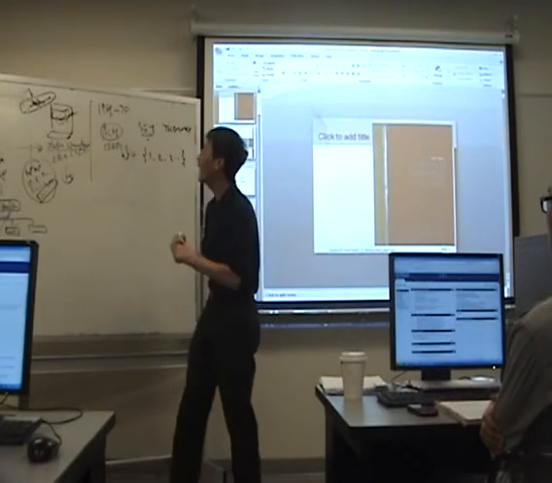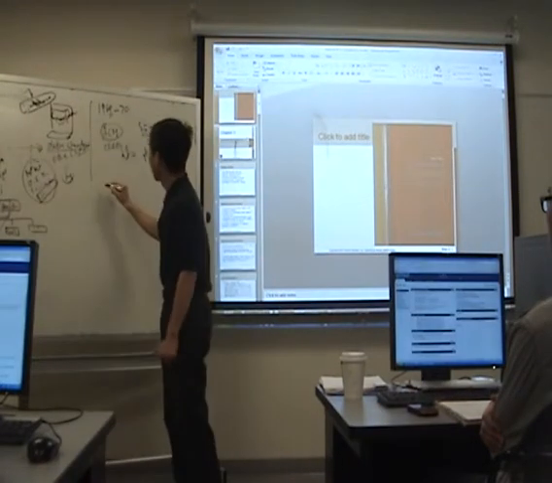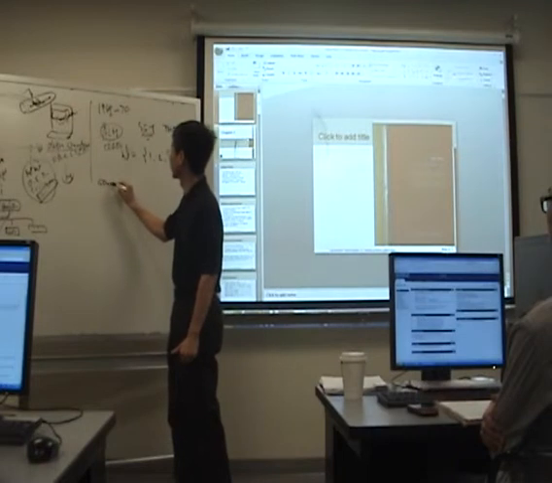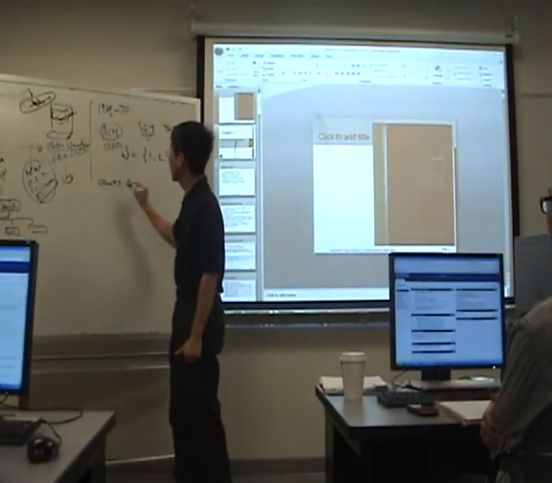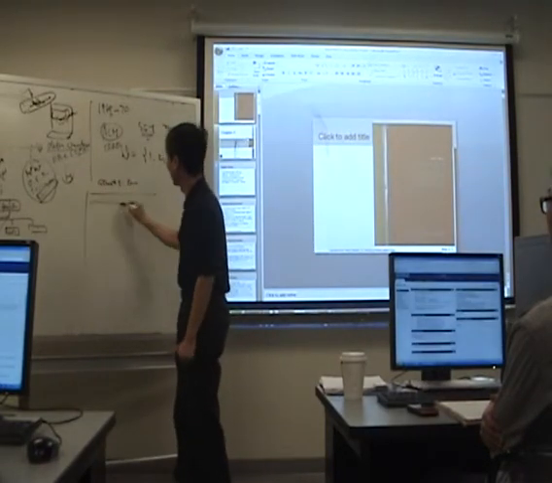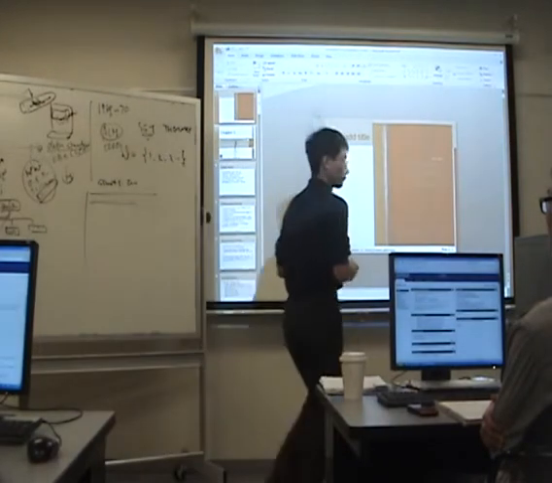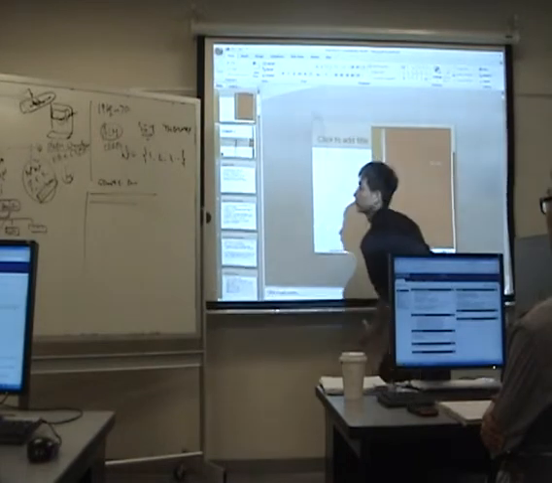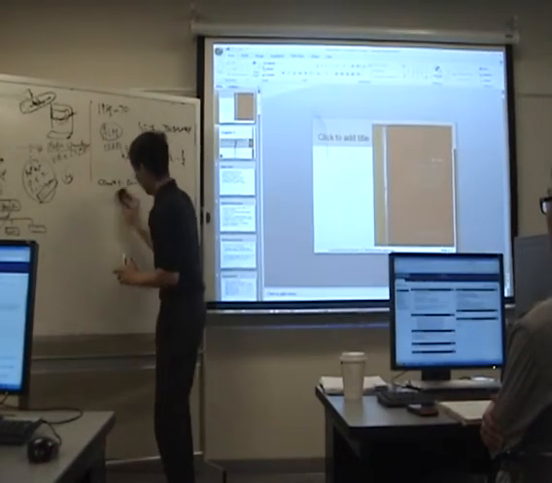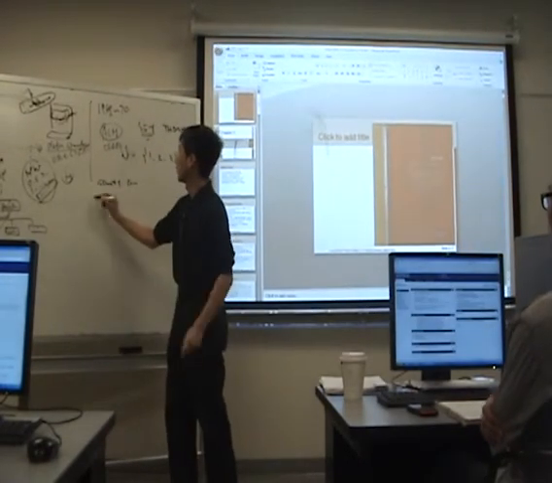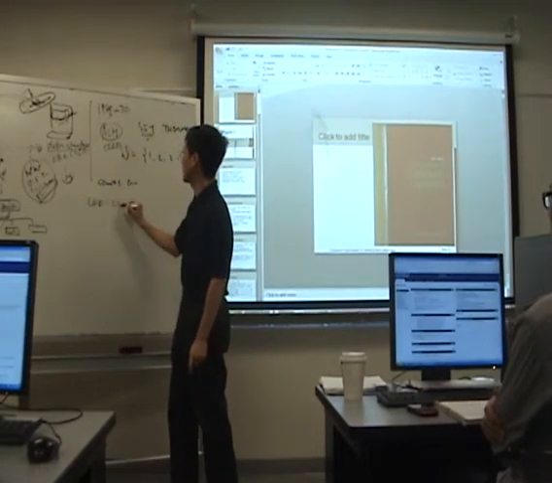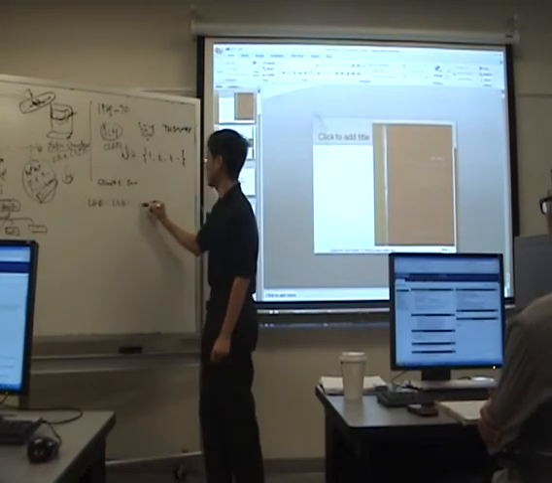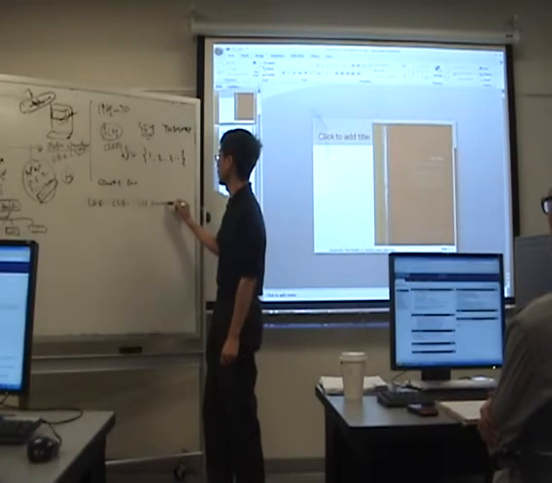Think about the entity over here. Like we have the student entity, like Lee, CSC, and address is 100 University Avenue, and the GPA is 1.0.